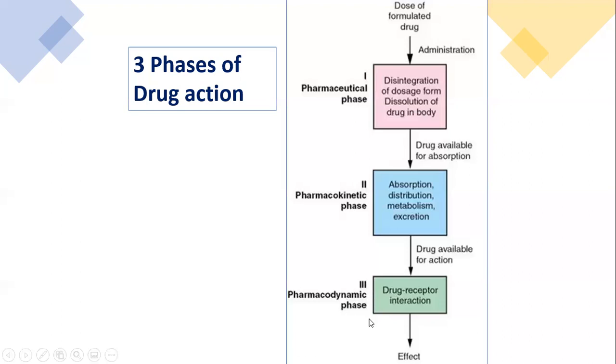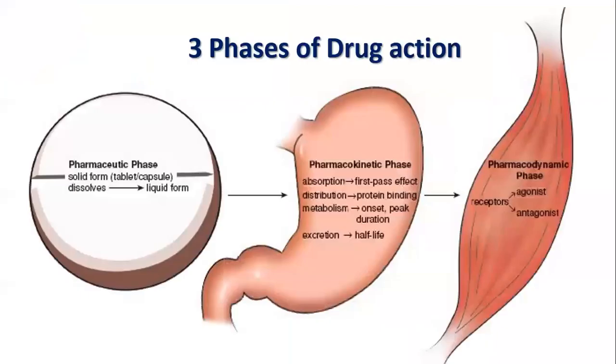But pharmacodynamics is how a drug behaves and what the drug does to the body. Next, here, the three phases of drug action. Pharmaceutical phase: solid form, maybe tablet, maybe capsule. It is dissolved and then becomes liquid form.